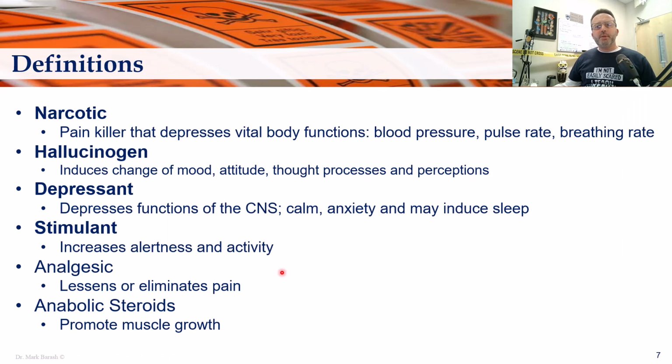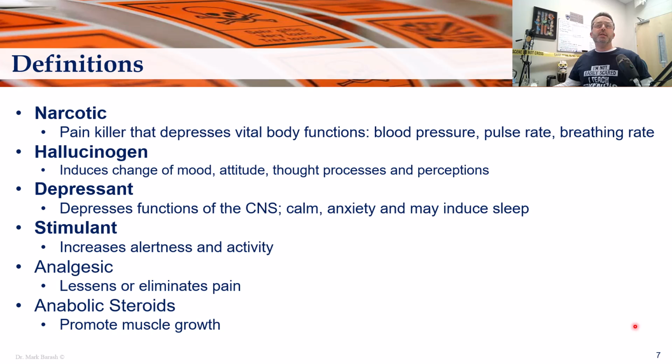So let's talk about the main categories of illicit drugs in detail. The definition of narcotics: these are the drugs that originally were developed as painkillers, aiming at reducing or eliminating pain, similar to analgesics, and as a result, they affect the blood pressure, pulse rate, breathing rate, and other systems.